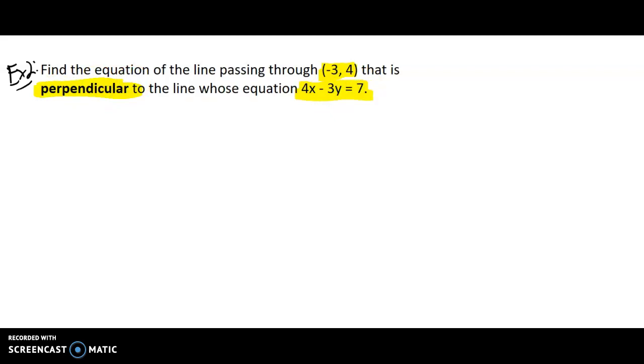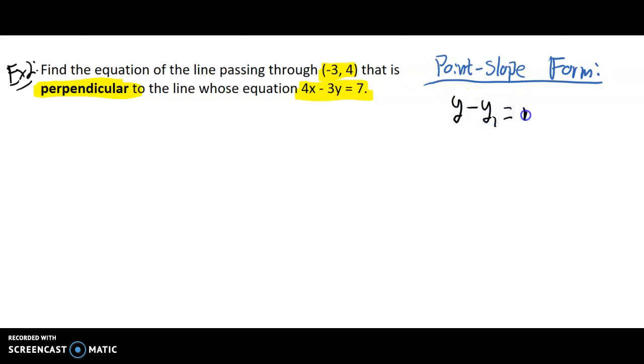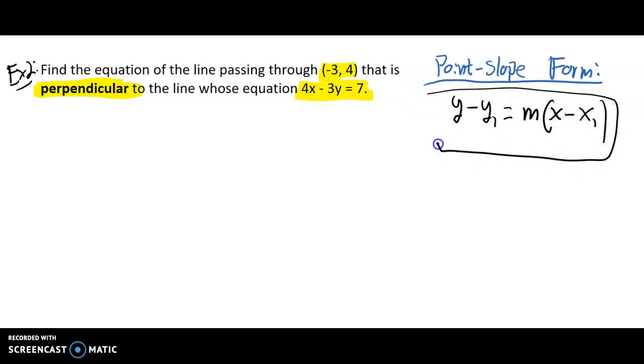Okay, a lot going on here. First thing we want to do is remind ourselves what point slope form is. Our point slope form is y minus y1 equals m times x minus x1, where m is slope and x1 and y1 are points.